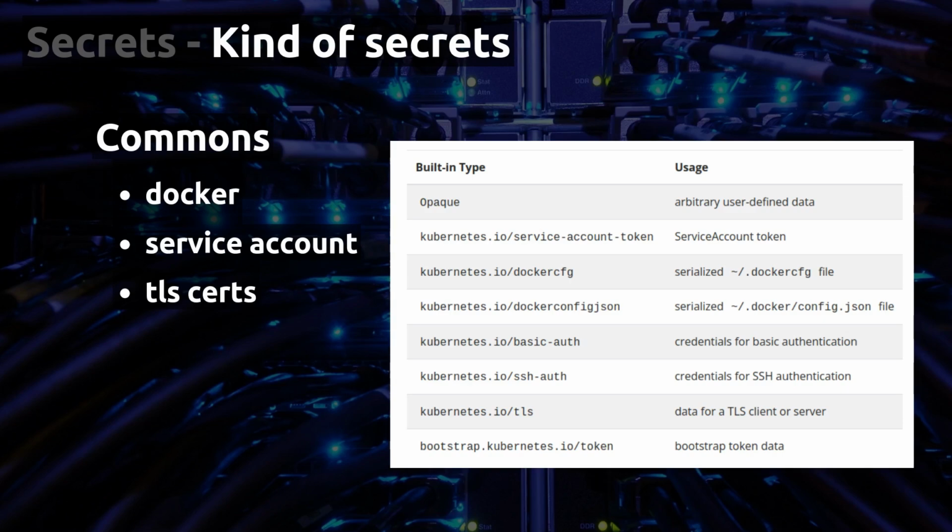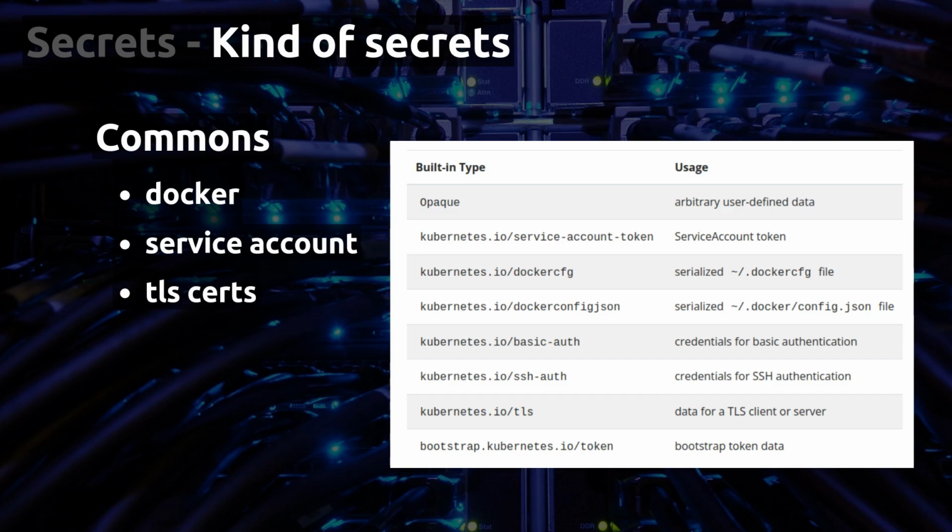So a secret works exactly like a ConfigMap to mount it. You can use env to set each variable directly one by one. You can use envFrom to mount the entire set of environment variables that you have inside a config map, for example. And you can use volume and volumeMount to mount all your secret directly.